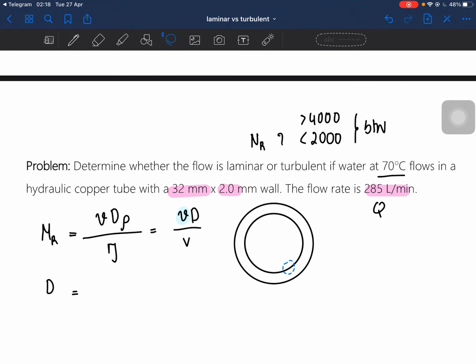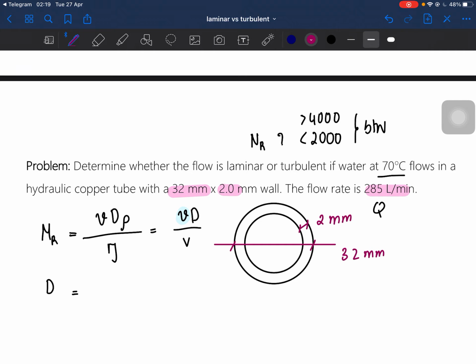So the overall, I mean like this, from here to here, it's 32 millimeters, but the wall here is 2 millimeter.